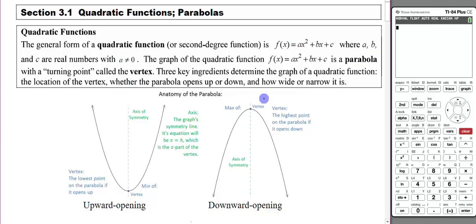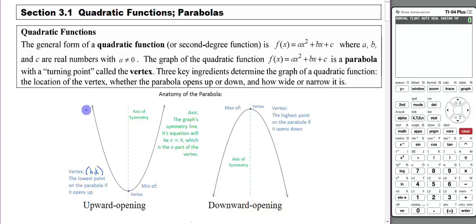The three key ingredients to determine the graph of a quadratic function are the vertex, whether the parabola opens up or down, and how wide or narrow it is. So if we have a parabola that is upward opening, let's say that our vertex is the point (h, k).